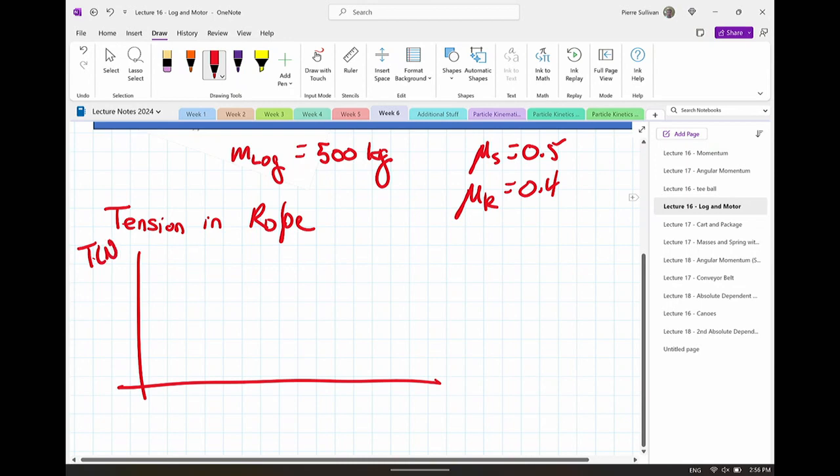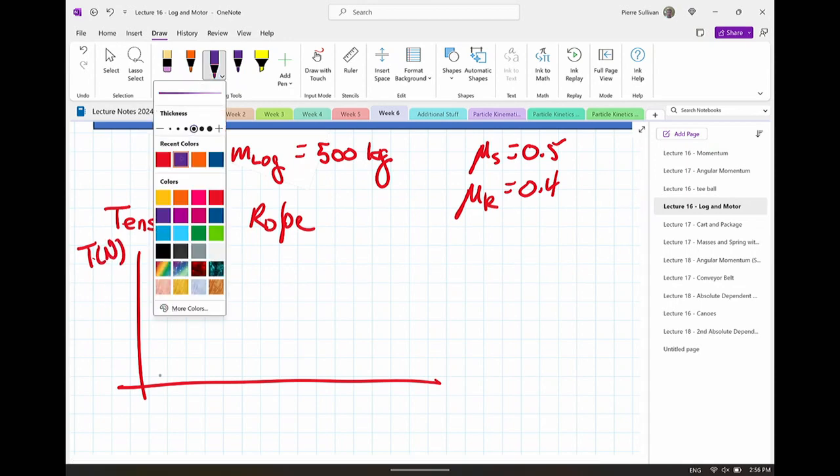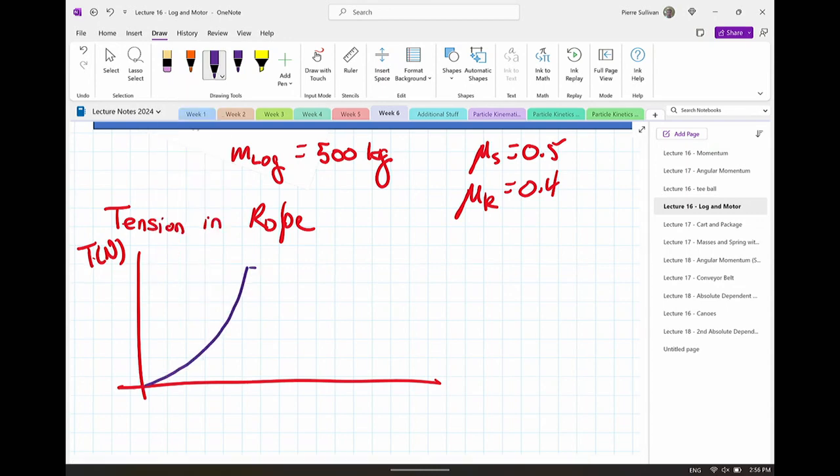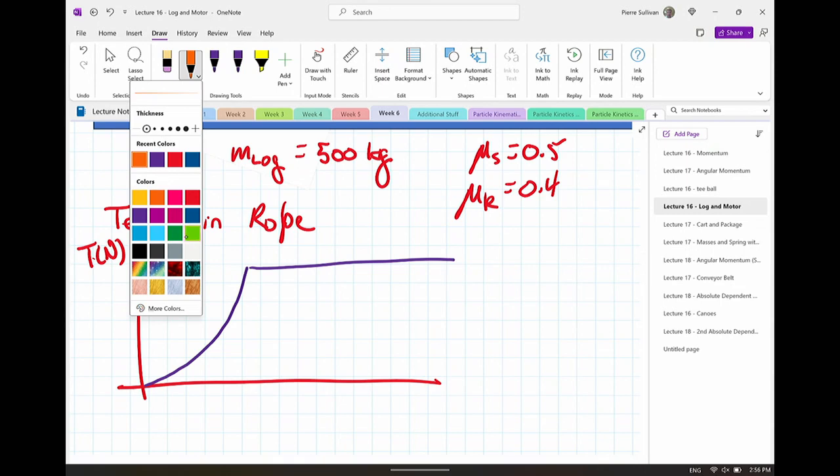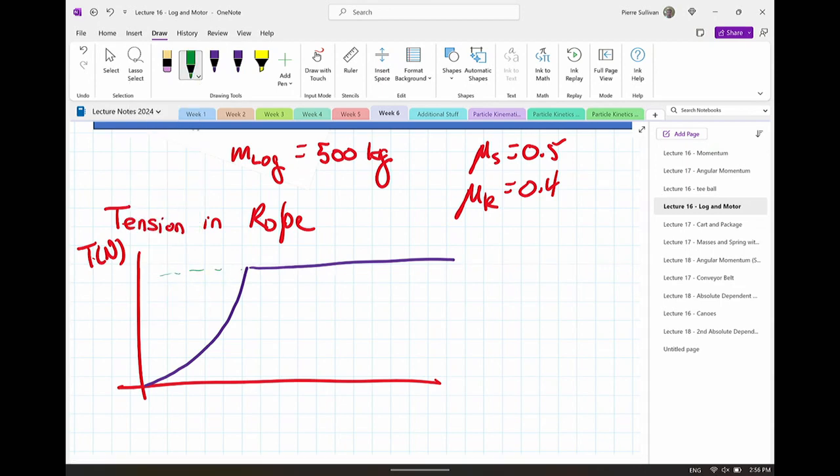So the tension as a function of time, in newtons, is going to look something like this. It will reach a maximum value of 6,400 newtons at 4 seconds.